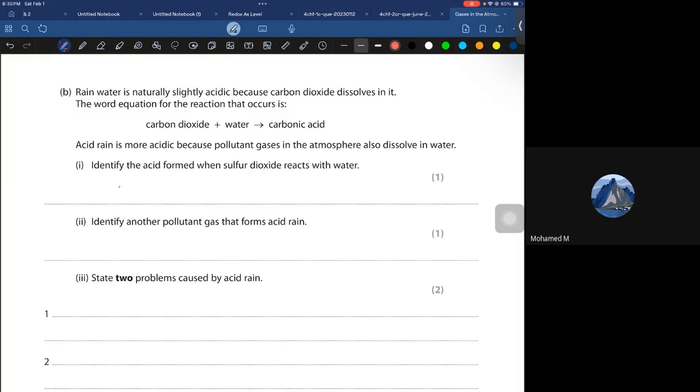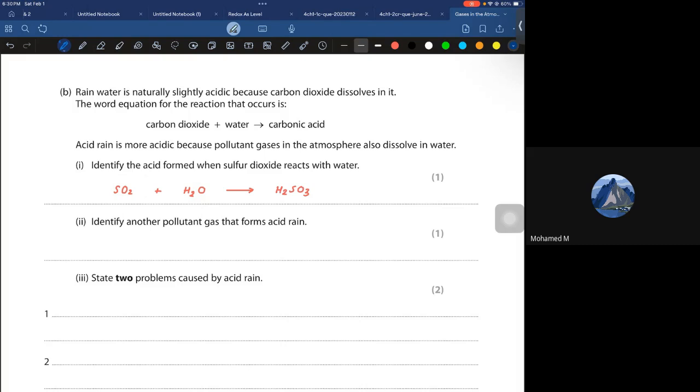So when SO2 is going to react with water, what would be the product? SO3, two oxygen and one oxygen, so total three oxygen.